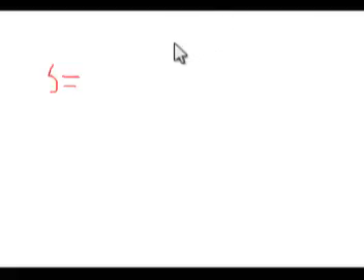We know the cube roots of 1. The three cube roots are 1, omega and omega square.